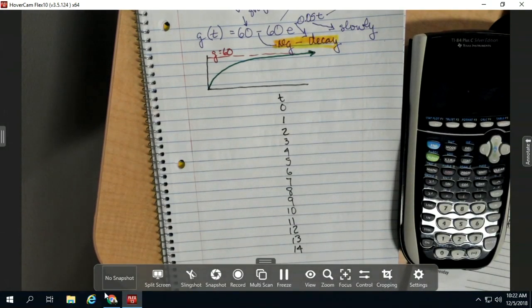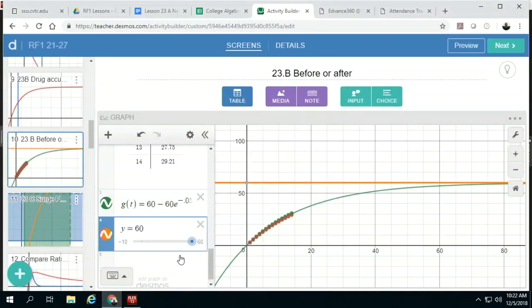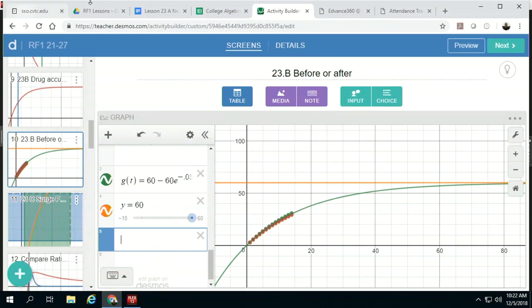So let's go to Desmos and let's copy down the formula. So add a table and remember how to do it. We're going to put in 60 minus 60 times e to the negative 0.05.